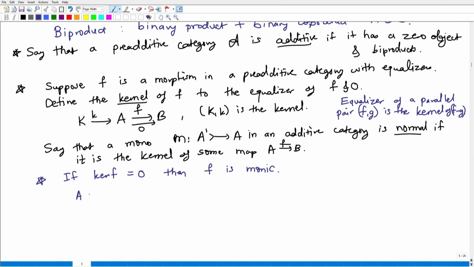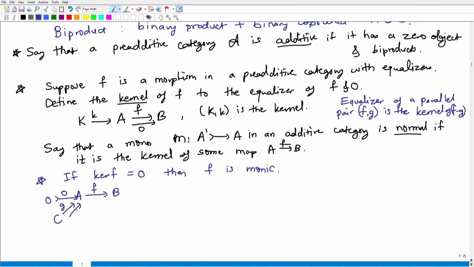Let me start with this A and B. This is f. Its kernel is the 0 morphism. Then I have to start with a pair of morphisms on which side? C to A. Very good.